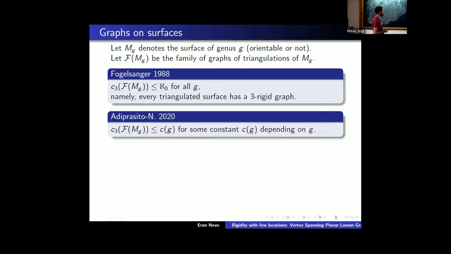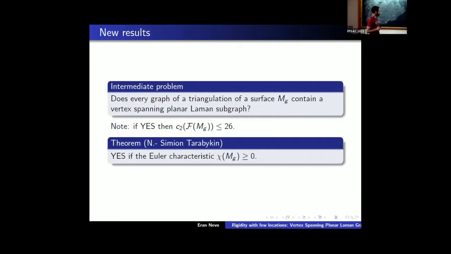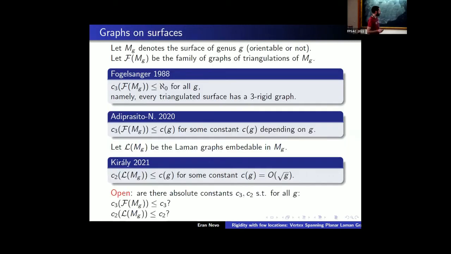So with Karim, we showed that C3 of this family is at most some constant, and the bound that we got grew to infinity with G though. But it's finite for every given G. And similarly, if you look at all Laman graphs that embed in MG, Király showed that you could rigidify all of them in the plane using only a constant number of locations.